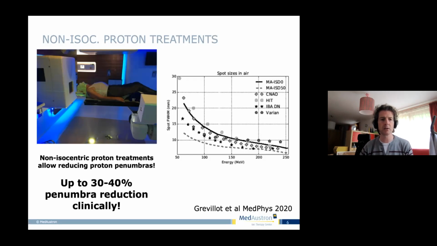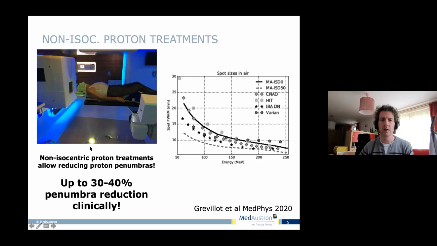That reduces the sharpness of the beam dramatically, and also reduces the usability of those beams for sparing organs at risk and for being more beneficial than photon treatments, for example. For that reason, we designed in the software workflow, but also hardware-wise, the patient positioning system such that we can move the patient close to the nozzle exit window and treat non-isocentrically.